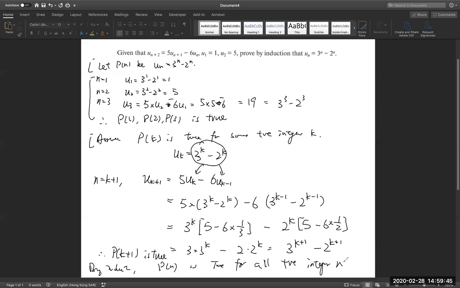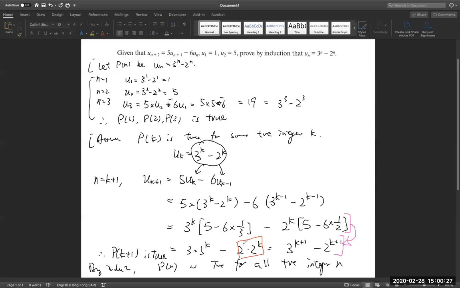Okay, any question? I don't get the last bit, like here. Like how do we get from here to here? The next one: 2 times 2 to the power k.